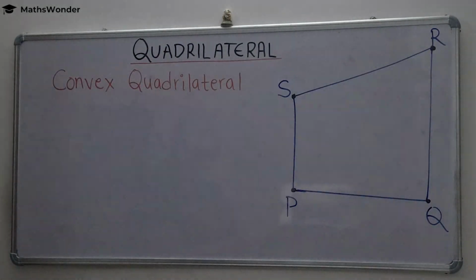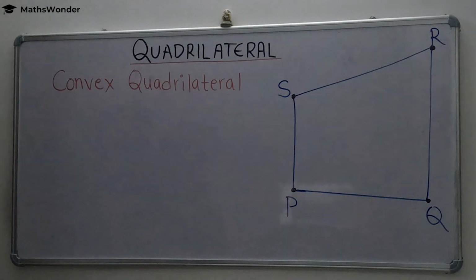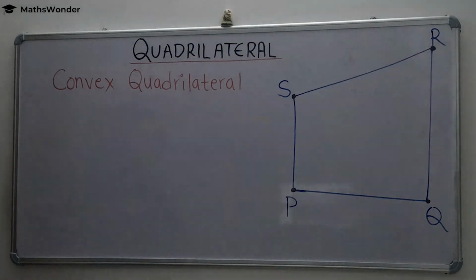Now this is a different topic, convex quadrilaterals. We will understand convex and concave quadrilaterals. First I am starting with the convex. What is convex? If each angle of a polygon is less than 180 degrees, then it is called convex.